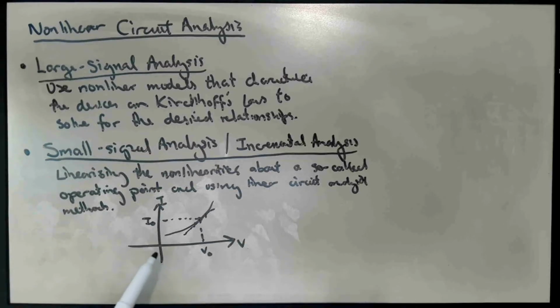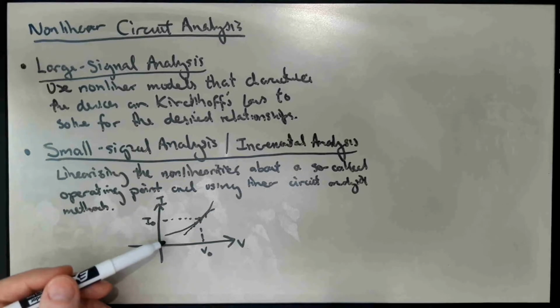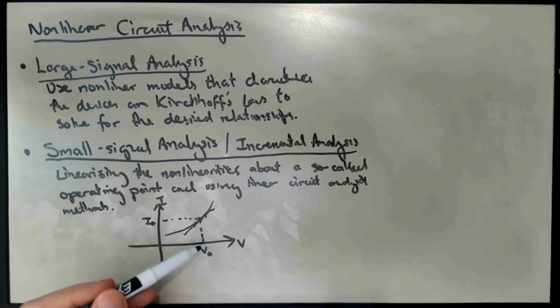But the basic idea here is that here we're using the full-on nonlinear models of our devices and applying Kirchhoff's laws and trying to do whatever math tricks we can to deal with the math. And here we're basically saying we're going to squint and assume that we're not changing things by very much, so that you can think of this as expanding the IV relationships in a Taylor series about this so-called operating point.